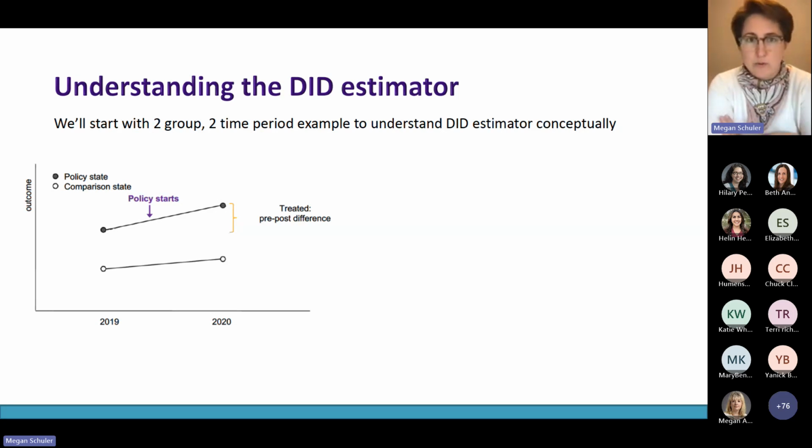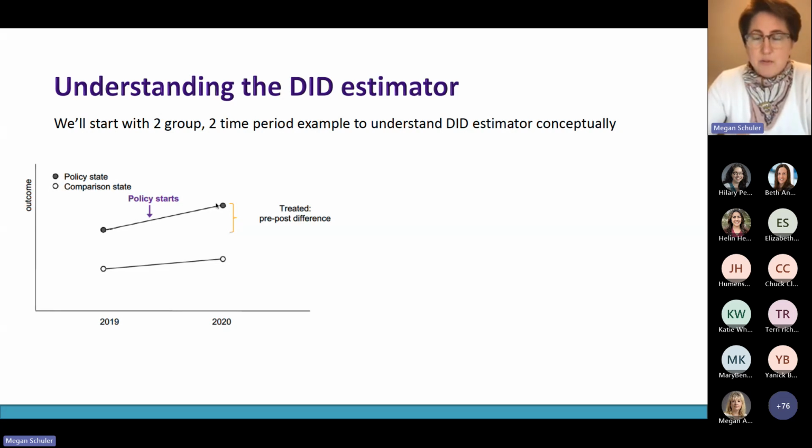So right now we're starting off with the most simplistic version where we literally have 2 states, a policy state and a comparison state, and outcomes measured for each at only 2 time points. So if we start in 2019, neither state has adopted the policy. And at the beginning of 2020, one state adopts the policy.